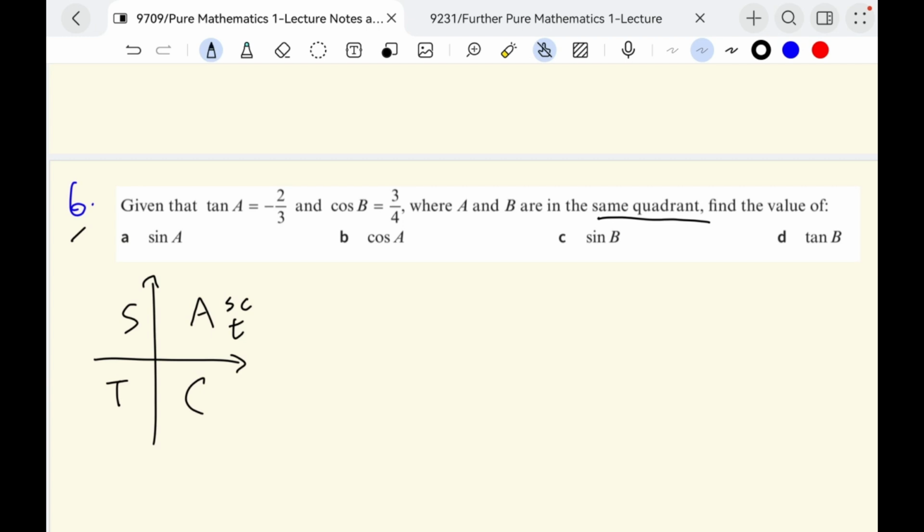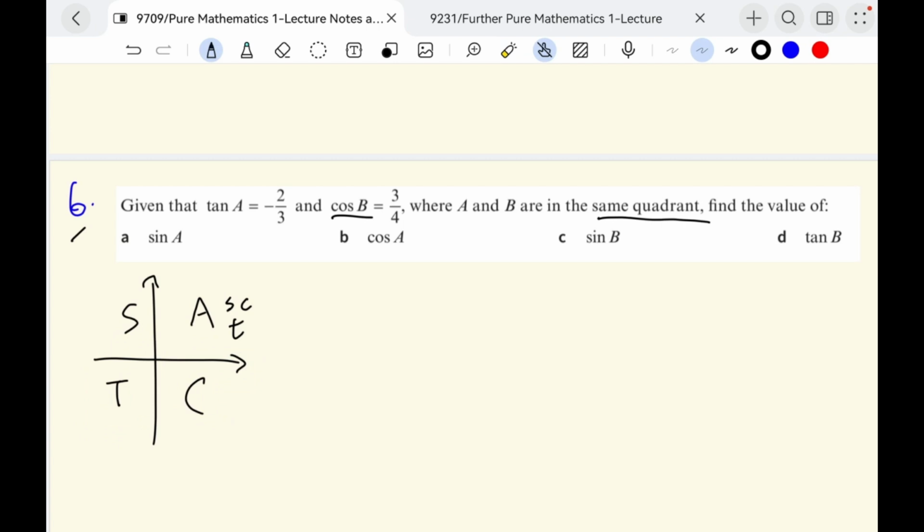So given that cos B is positive, as we know cos B is closely related to, almost equal to, the horizontal distance, which is parallel to the x-axis. So cos positive is quadrant 4, and tangent is negative in quadrant 4, not a coincidence, this is the fundamentals.